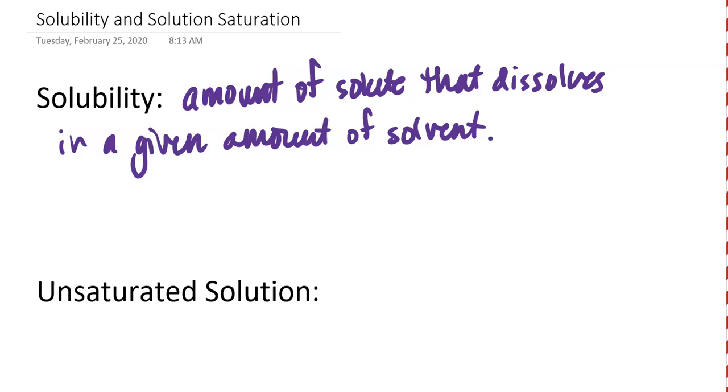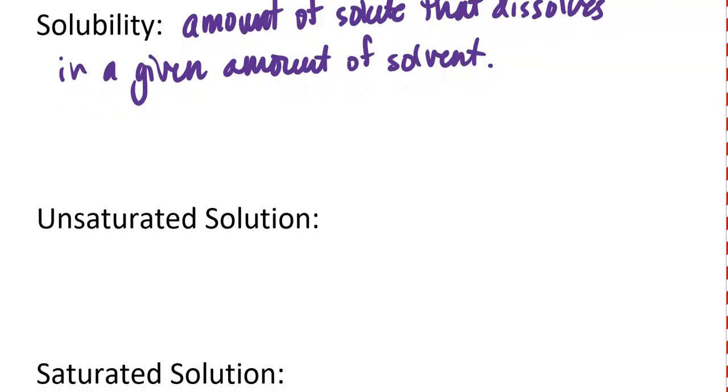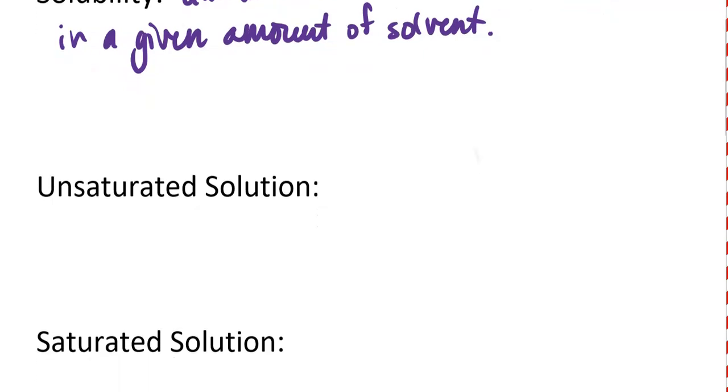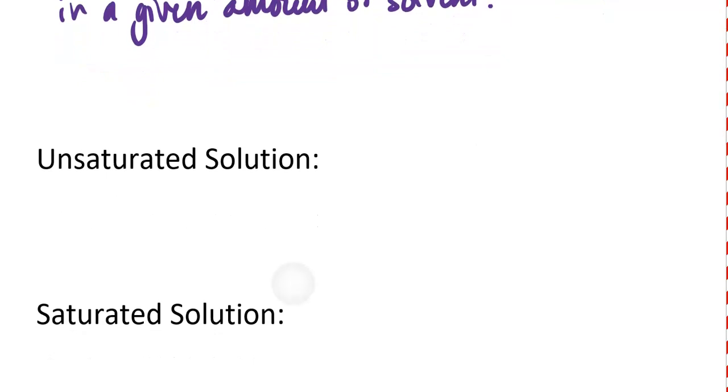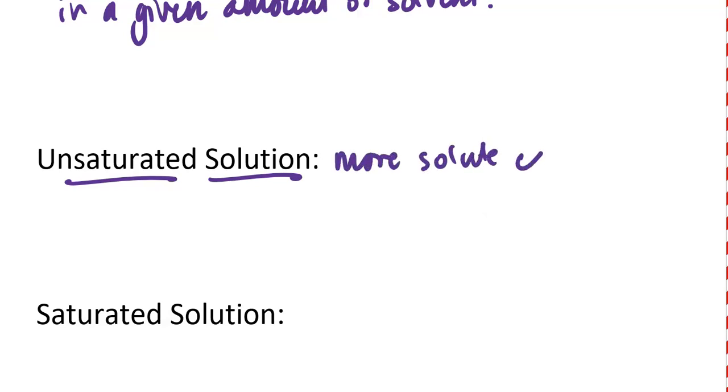So basically, as we consider solubility and we consider the type of mixtures that we get as we start to approach that limit of solubility, we need to define some additional terms here as well. Basically, an unsaturated solution is a solution in which more solute can dissolve in the solvent.